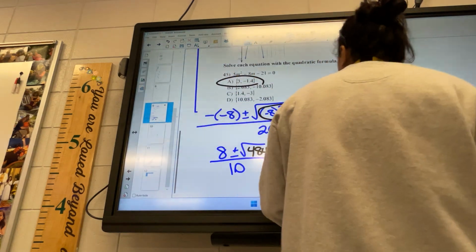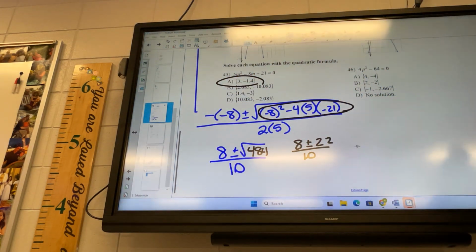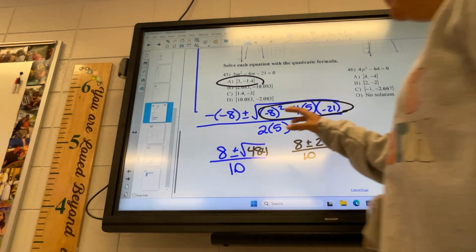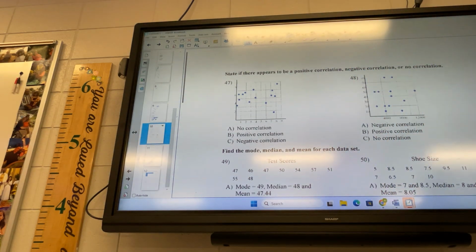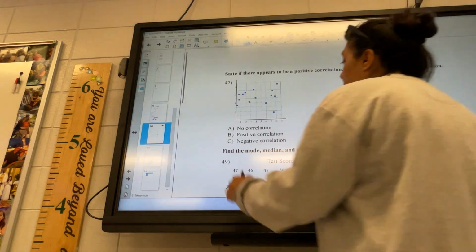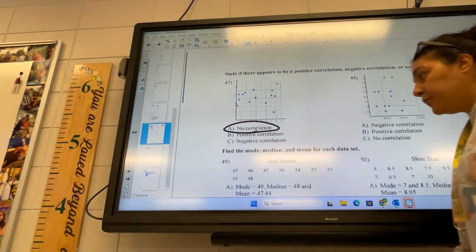It's got to be A. We're almost done. The rest go by pretty fast. Okay, 10. Is that a positive, negative, or none? That is a none. So that's going to be A.